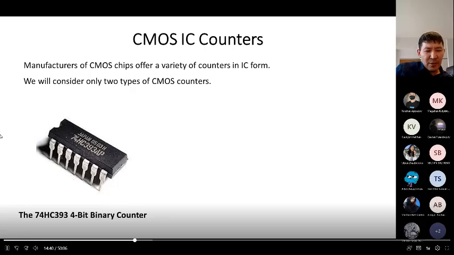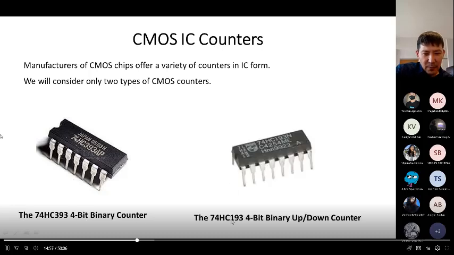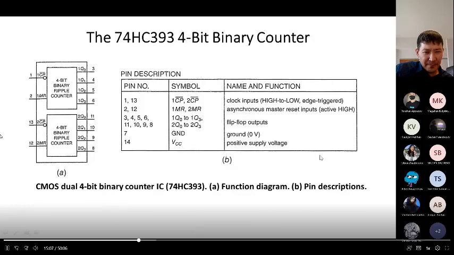But you need to read chapter 8, and tomorrow in the lab you will work with some of these. One of them is the 74HC393 4-bit binary counter, and the next one is the 74HC193 4-bit binary up-down counter.